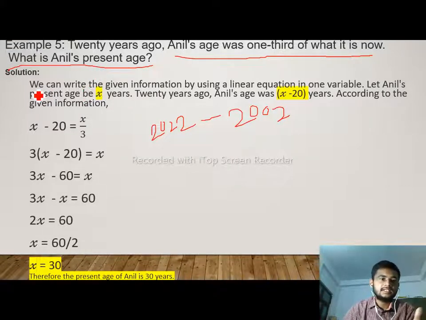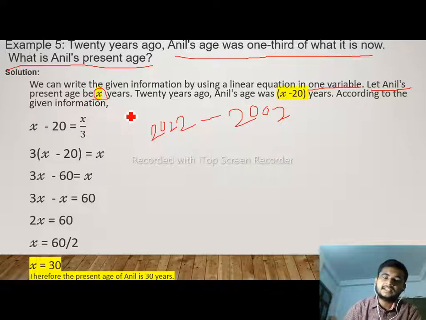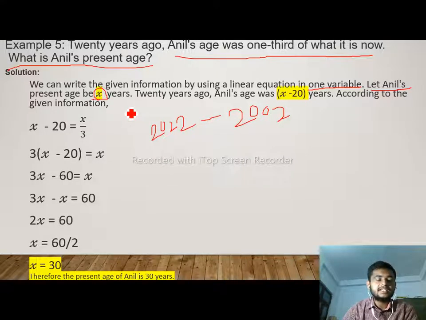Okay, now let's see. We can write the given information using a linear equation in one variable. Let's suppose Anil's present age be x years, taking the variable x, as we don't know Anil's present age. That is the question that we have to solve. 20 years ago means 20 years before. Anil's age was x minus 20.